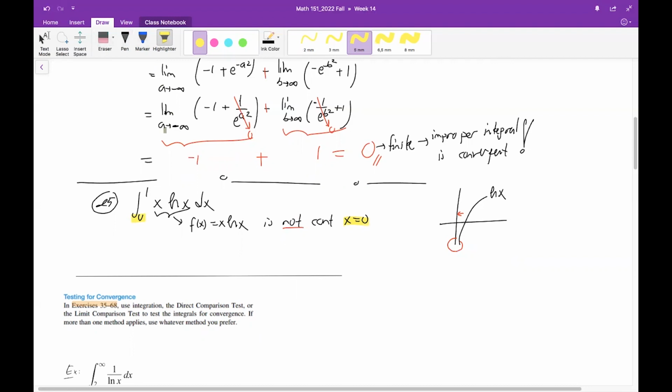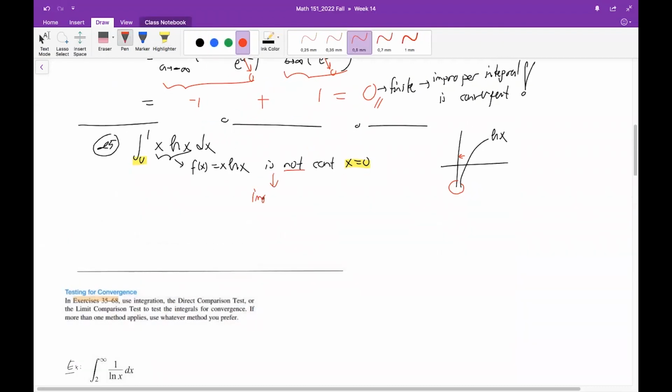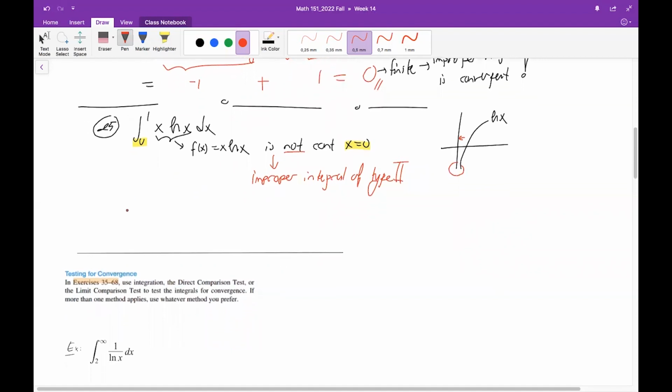Such integrals are still called improper, and this is an improper integral of type 2. How to deal with improper integrals of type 2? You first detect the problem. Your function has a problem at this lower boundary. Then to fix that problem, you need to put a variable there, okay?